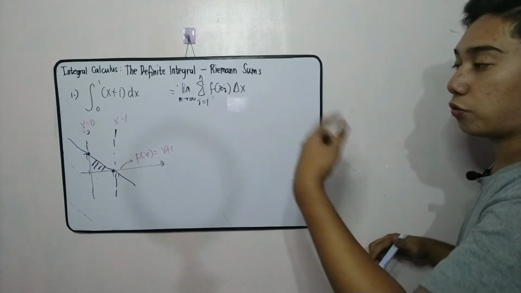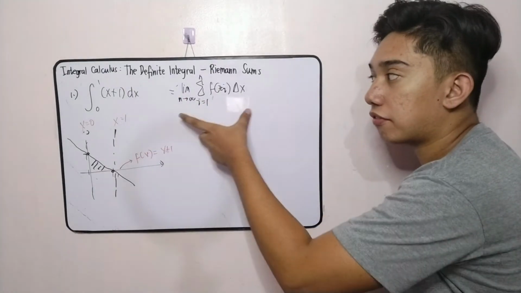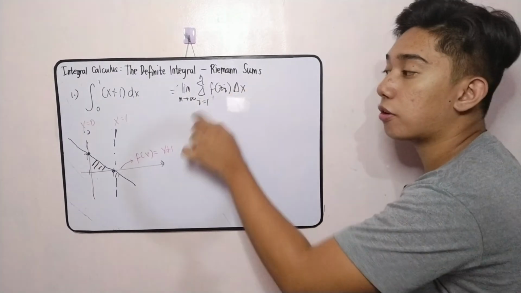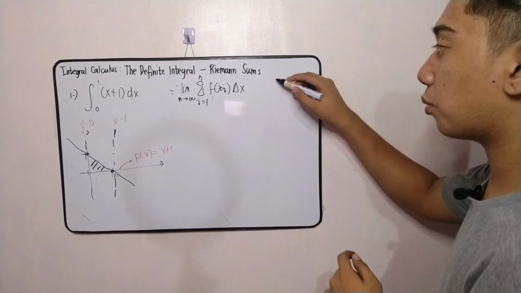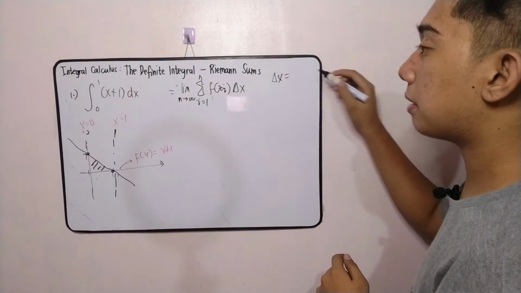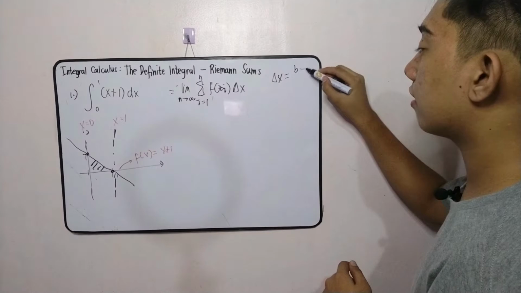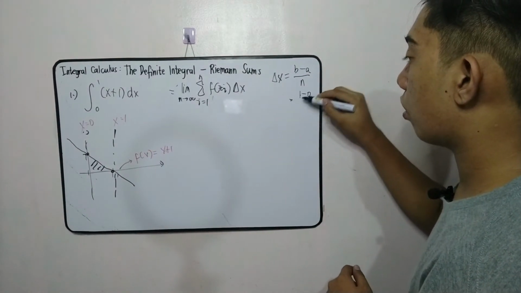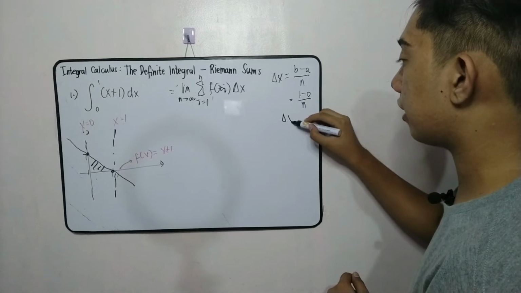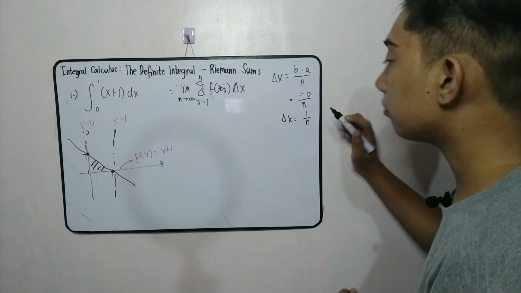So, before we go to this formula, we will just get muna z sub I and delta x. So, what is the delta x here? b minus a all over n. Wala tayong n, so 1 minus 0 all over n. Therefore, our delta x here is 1 over n.